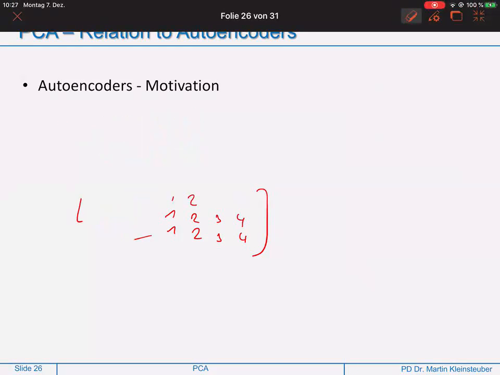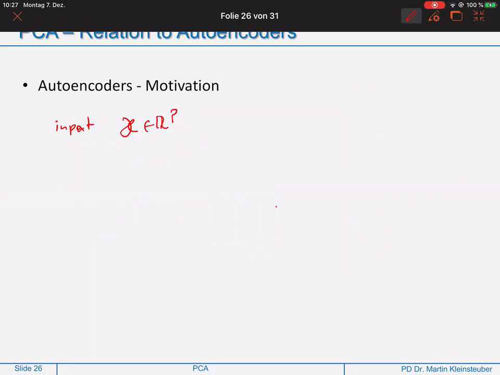Autoencoders. I mean, they are actually quite simple from the idea, but they lead to quite powerful results. What an autoencoder is actually doing is it follows the idea that we have an input x, a random variable x in R^p.